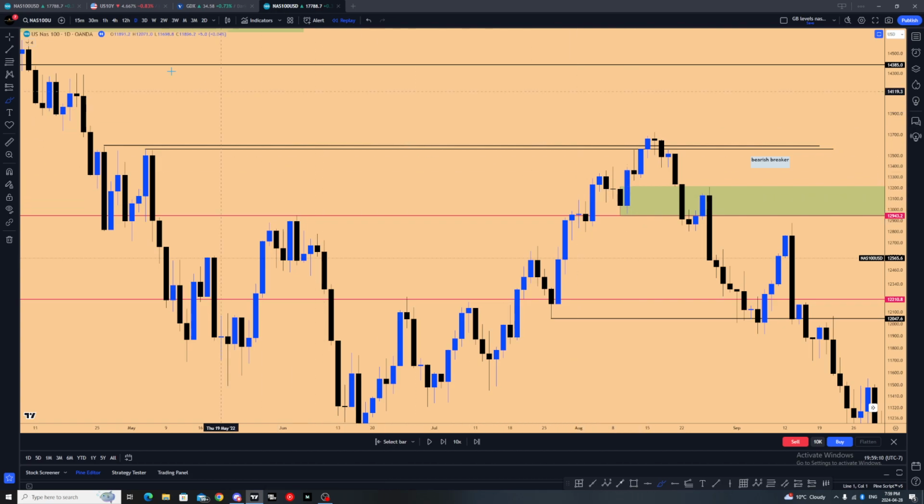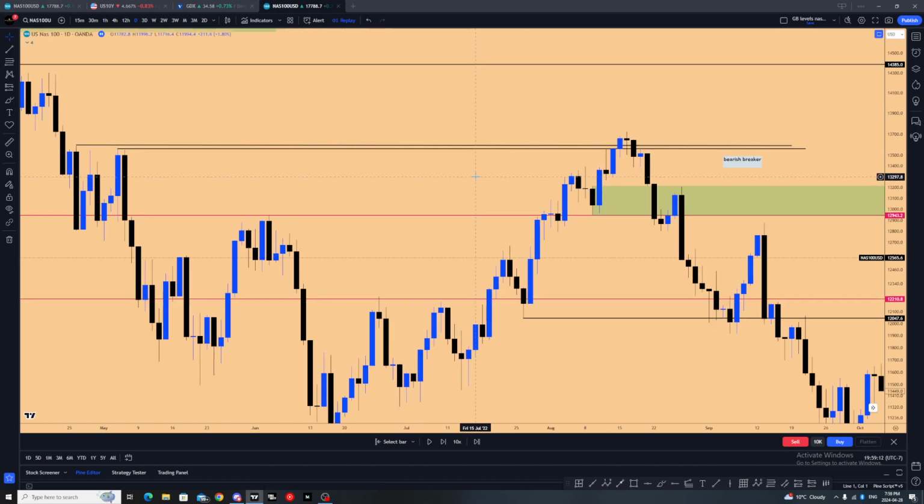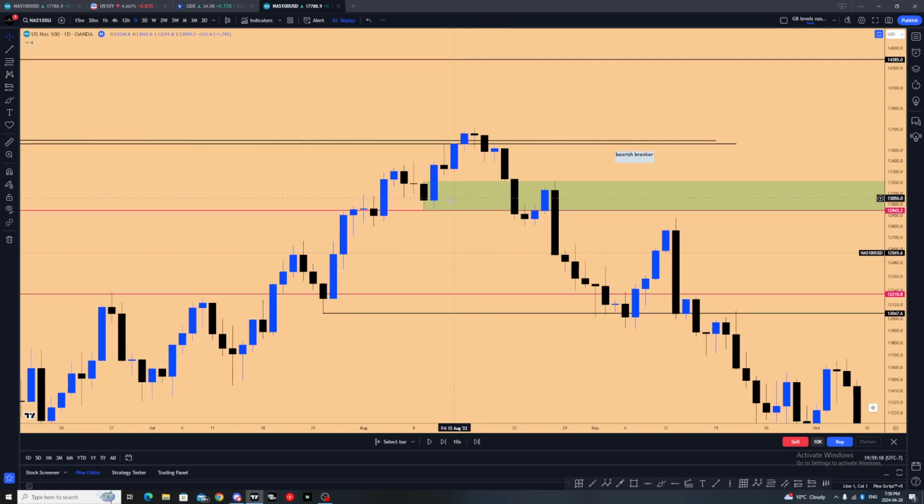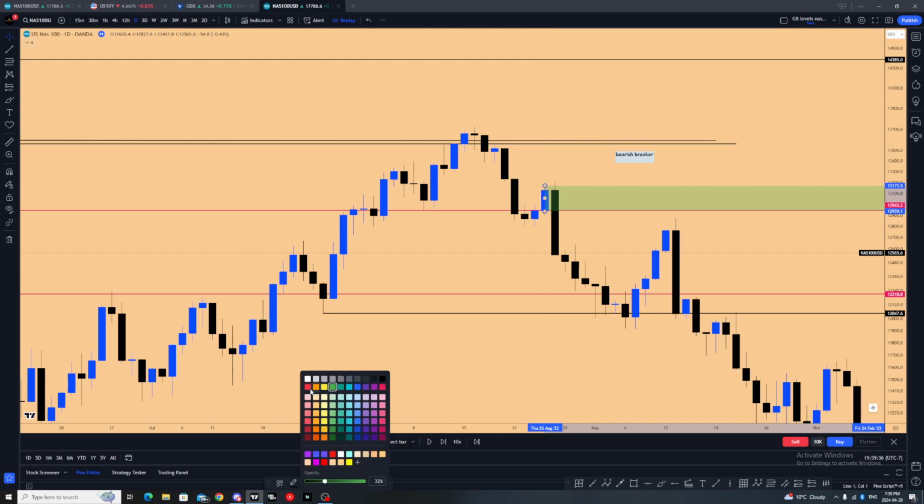This is one of the main reasons I was teaching you about market structure first. Once you understand market structure, everything blends in with the order block theory as well. A higher low being taken out means that a bullish order block is being broken down. And a bullish order block being broken down means that a support is being broken down. And if a support is being broken, when the retest happens, a new bearish order block is going to form in its place. And that is how it's going to look.